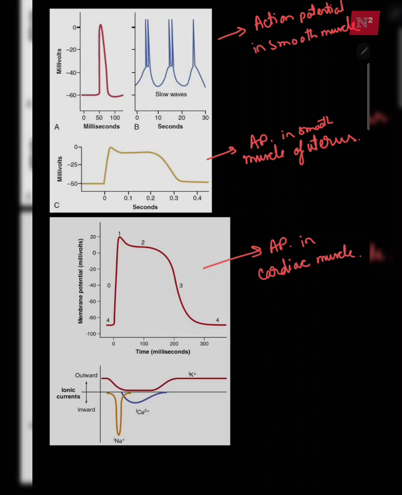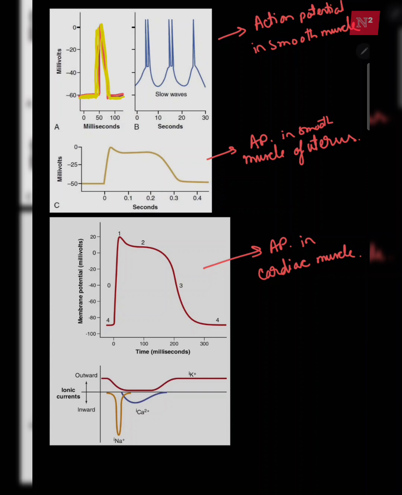Now this is a typical action potential curve of a smooth muscle, showing you the latent period. This is the latent period. Okay, this is the depolarization phase, and this is the repolarization, and again the resting membrane potential.